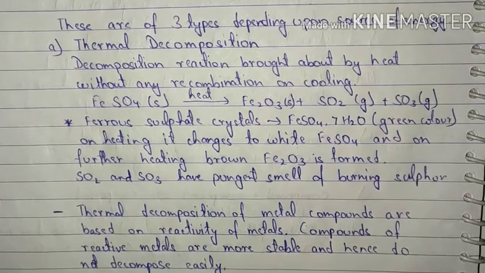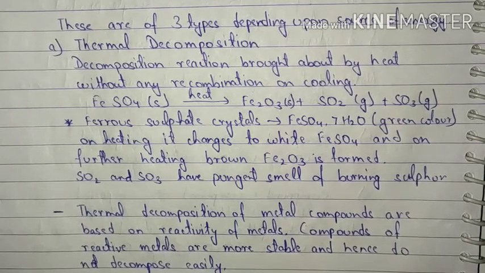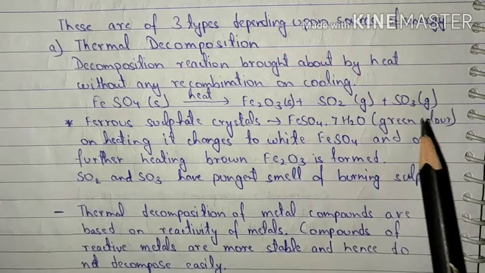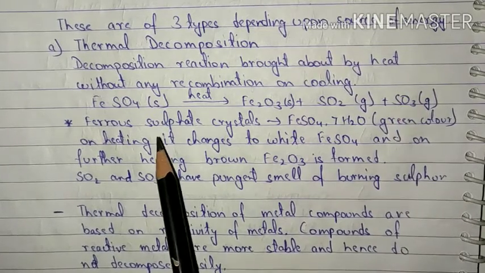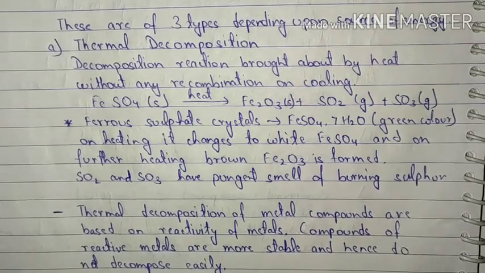That means when we put the temperature down, the reaction is not going to move in the reverse direction. That is, we are not going to get the reactant back from the products. So what we can say here is that decomposition reaction is brought about by heat without any recombination on cooling.